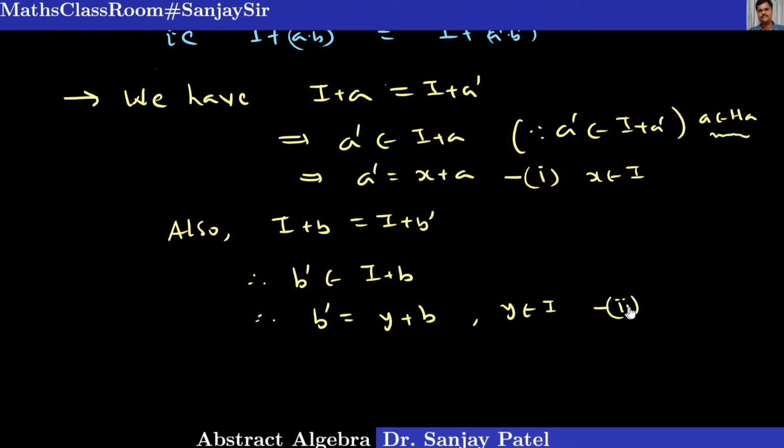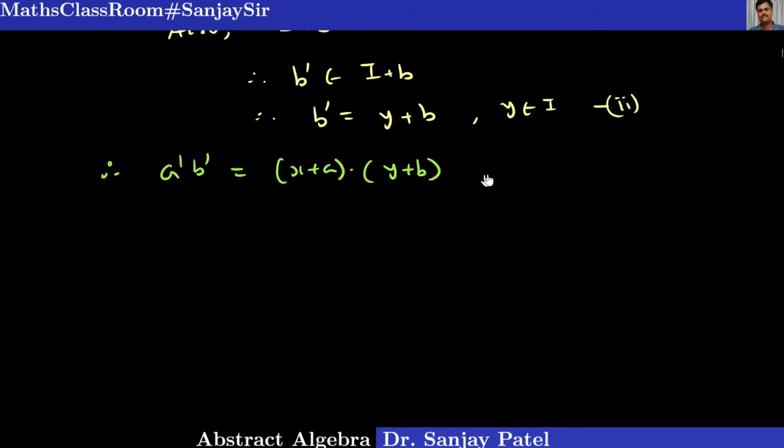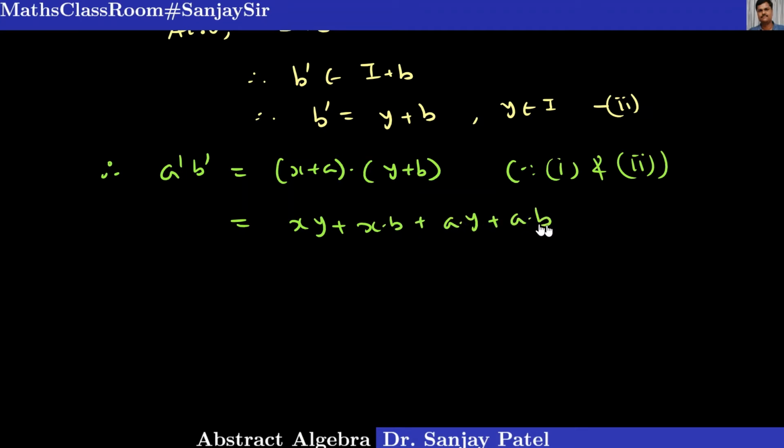What I want to find is A'B' from 1 and 2. So if I multiply these two, therefore A'B': A' is X + A and B' is Y + B. So if you multiply these two elements, because of 1 and 2, this gives you XY, just using the distributive property, plus XB plus AY plus AB.